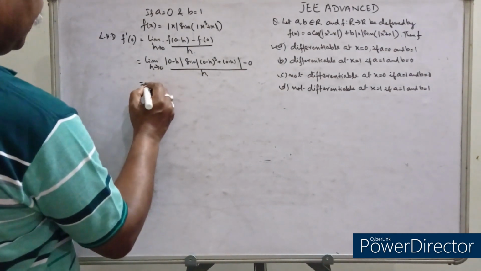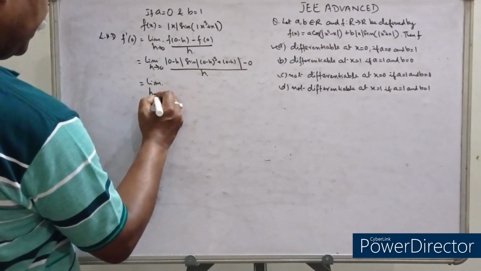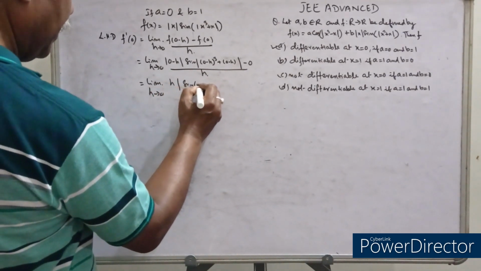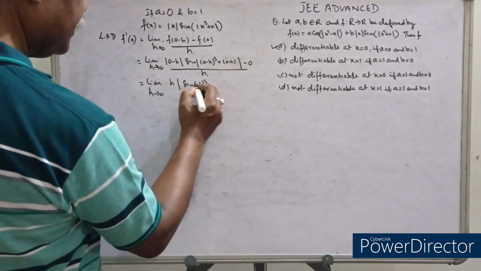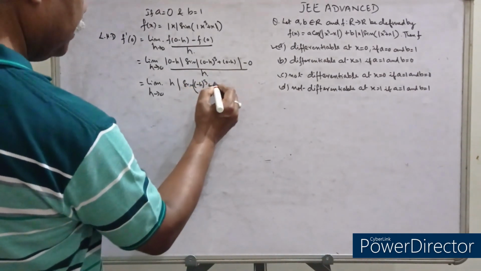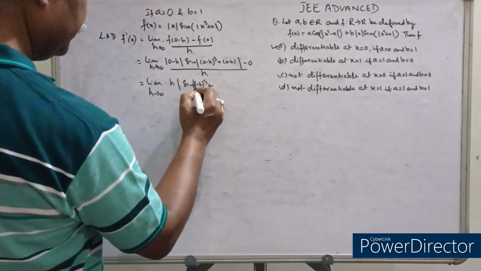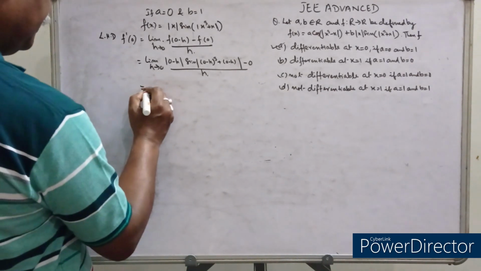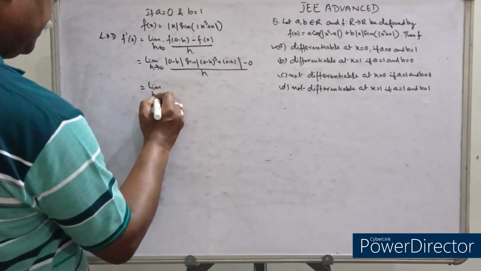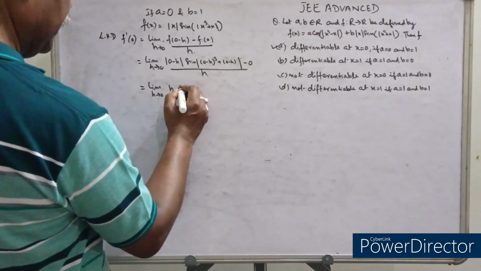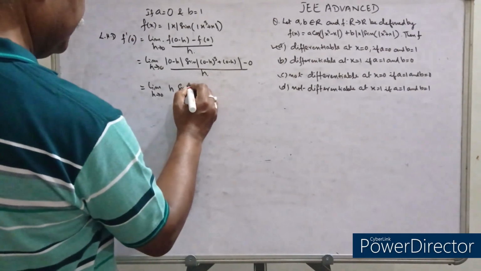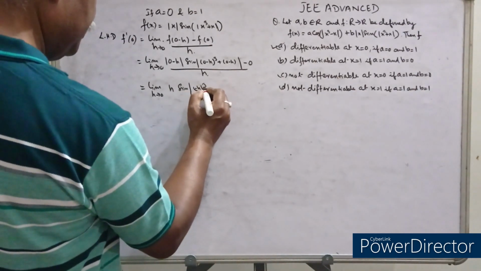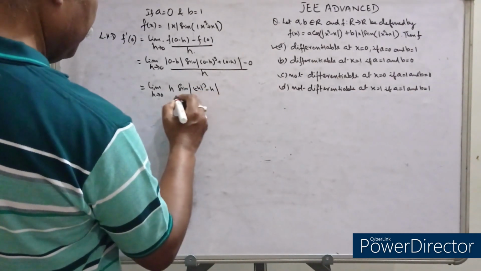Let me write a line for it. Limit h tends to 0, this is |h| sin(|(−h)³ − h|) divided by minus h.